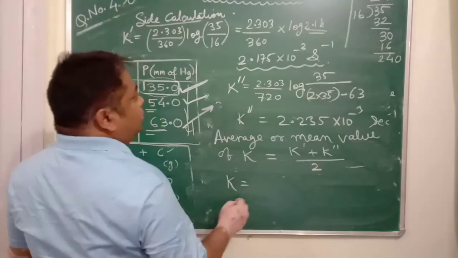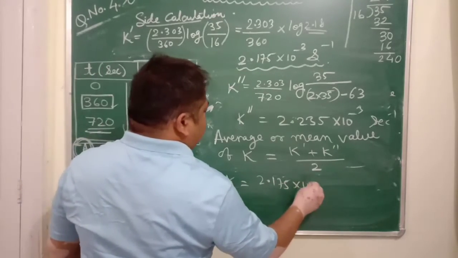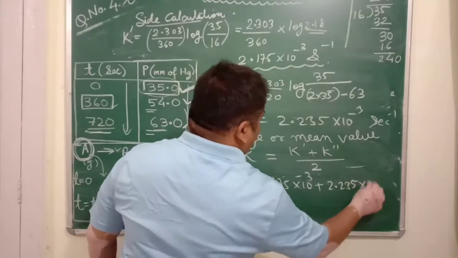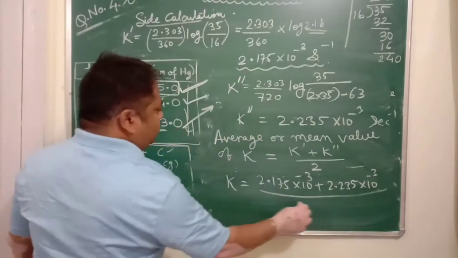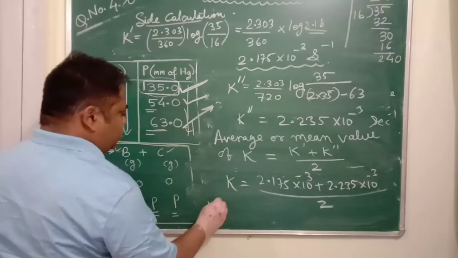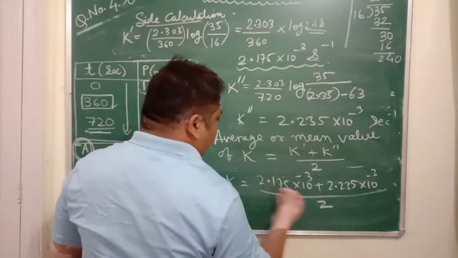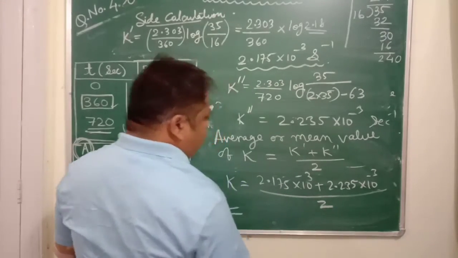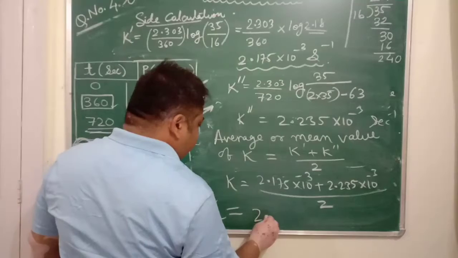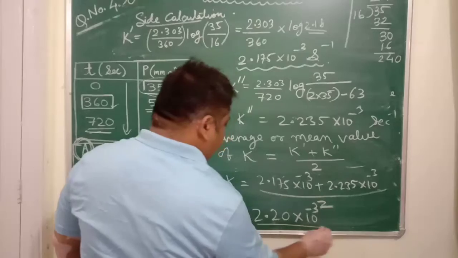K will be equal to 2.175 into 10 to the power minus 3 plus 2.235 into 10 to the power minus 3, by 2. So the mean value is going to be close to either of these values, around the same value. So it is going to be 2.20 into 10 to the power minus 3.